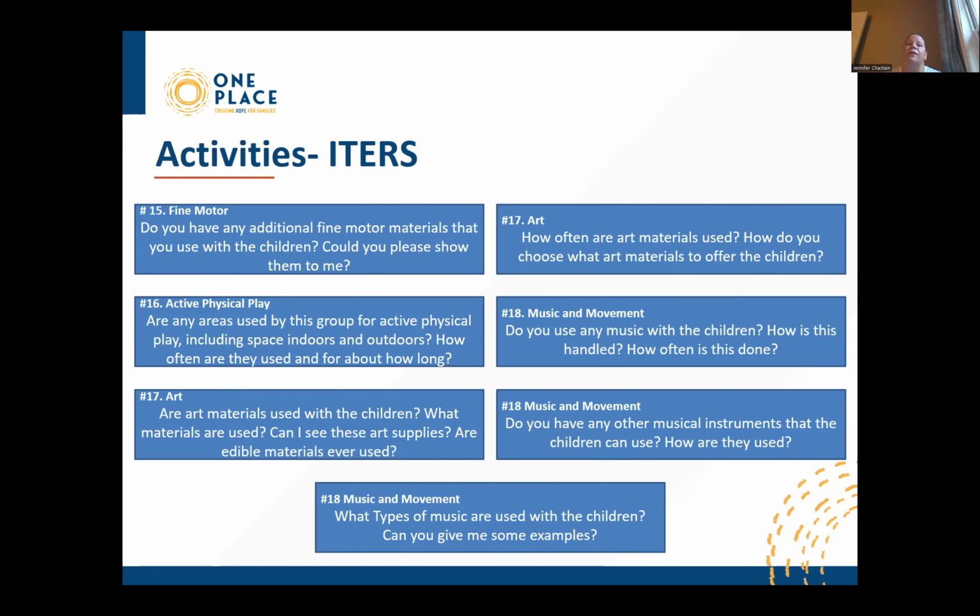If it's raining, you still should do an hour of active physical play. That does not mean that you have to do an hour altogether in one time slot. You can definitely split it up a few times throughout the day, maybe 15 minutes here, 15 minutes there, but your total time needs to be an hour.